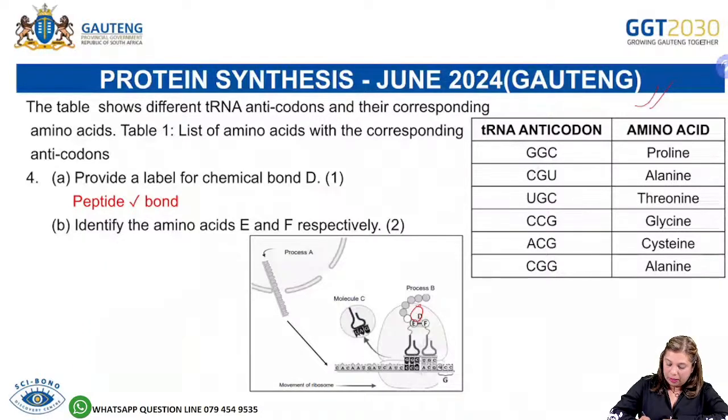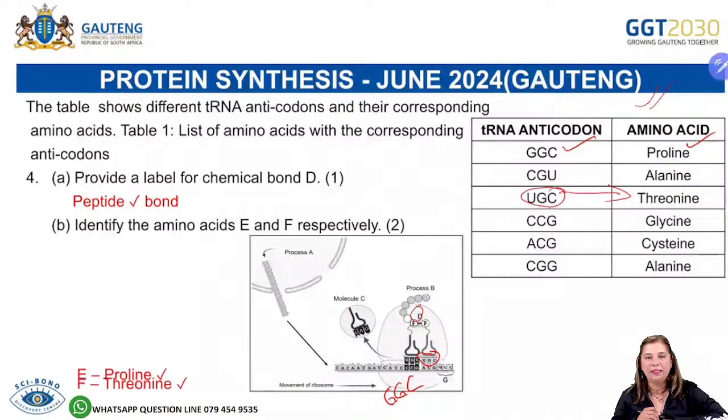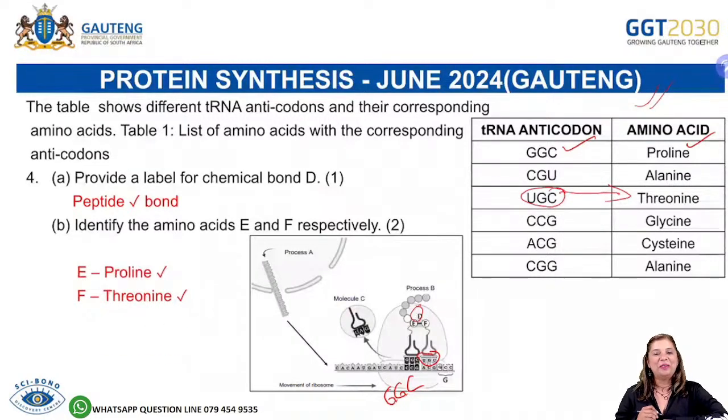So what we have to do is look at E, look at the triplet base pair and match it to what is there. And if we look at this, we will see that it is proline. Can you see that? And then here you have UGC at F. And obviously UGC, let's find UGC there. You see how easy life sciences is? It's just matching columns, okay? So all you have to do is look for that transfer RNA anticodon and match it, okay?